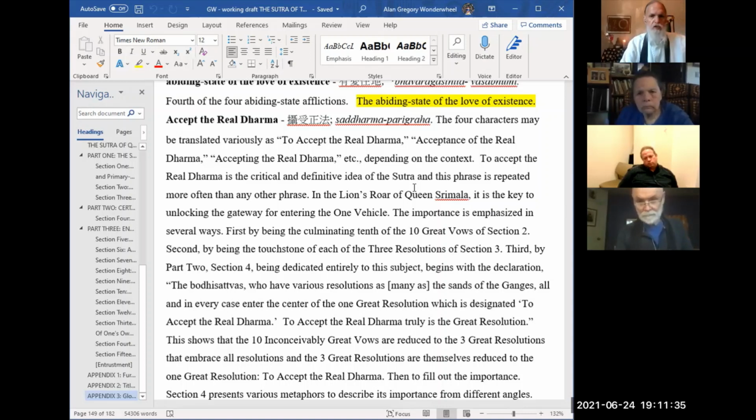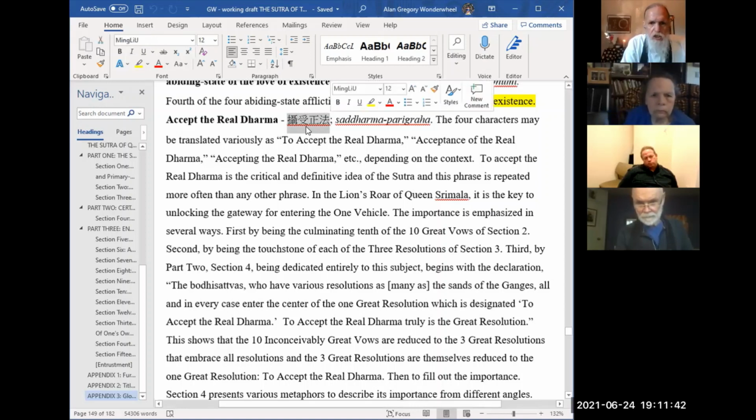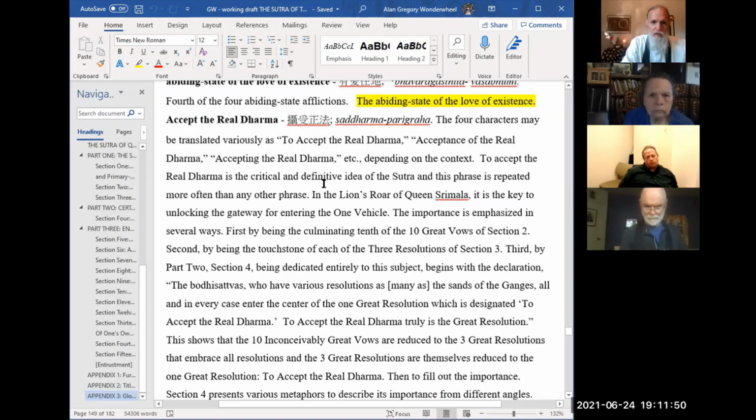Interestingly, this 4-character phrase here, Sadharma Parigraha, the 4 characters here highlighted in the Chinese, is repeated more often than any other phrase in this sutra. It's repeated more often than the phrase one vehicle. So that's a way of emphasizing how key it is to unlocking the gateway for entering the one vehicle.